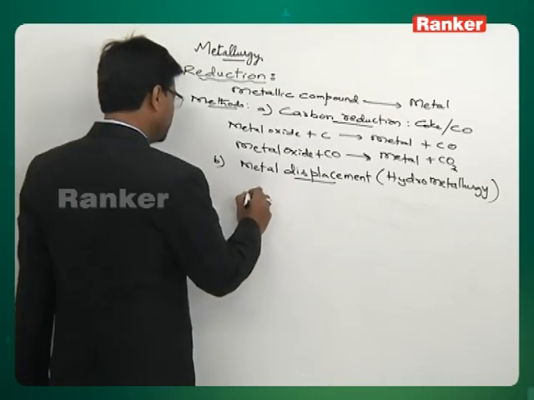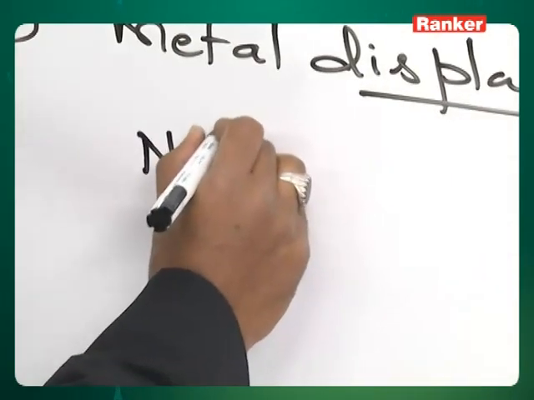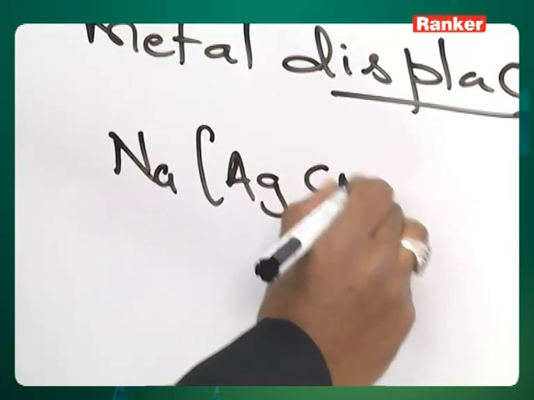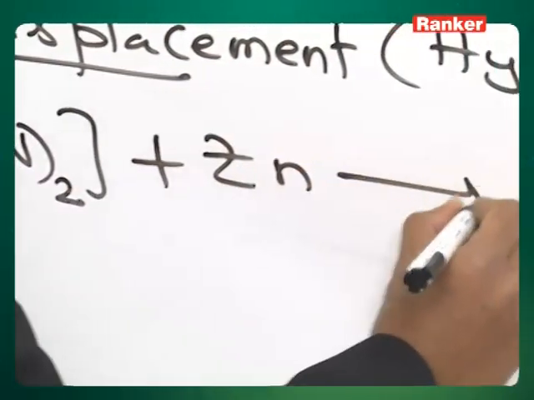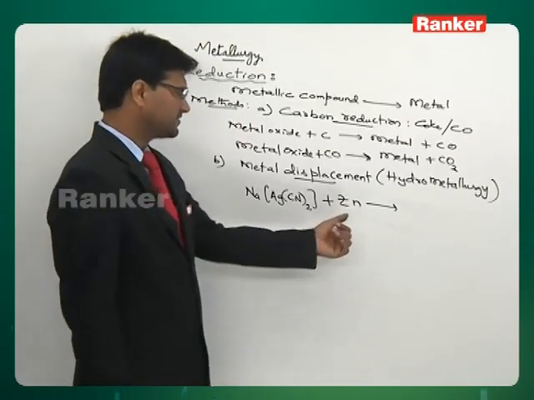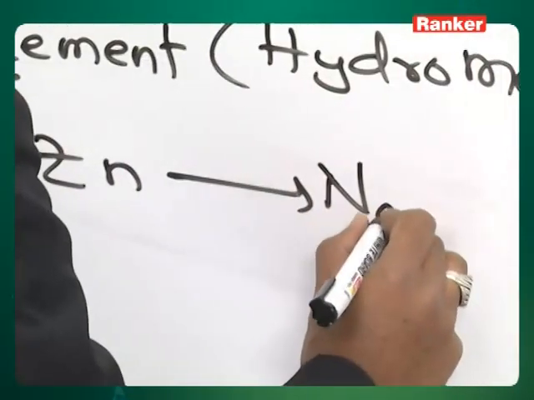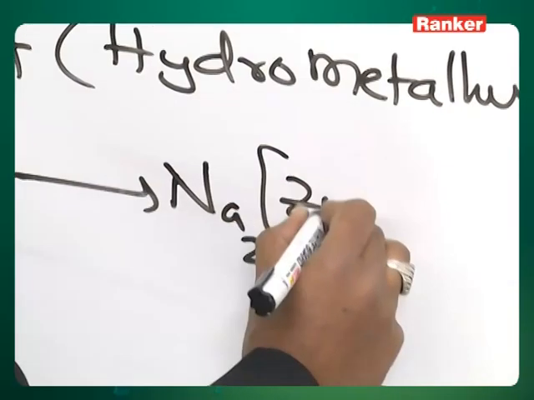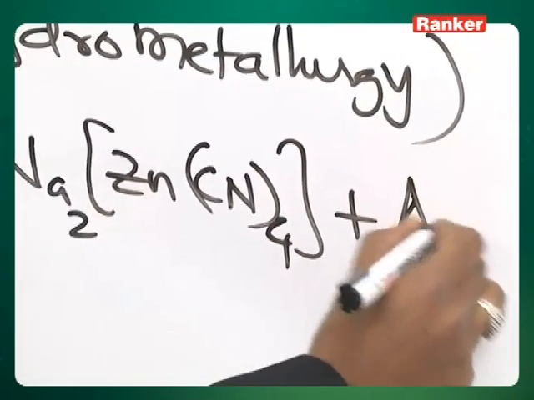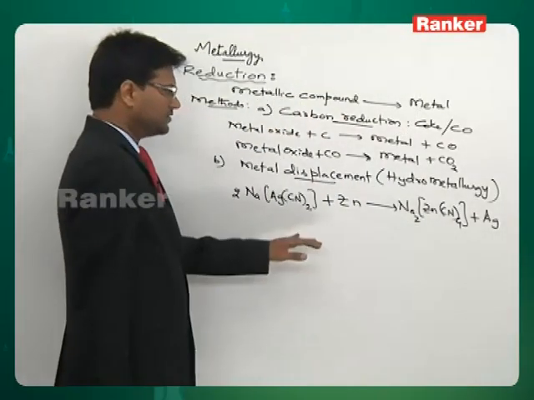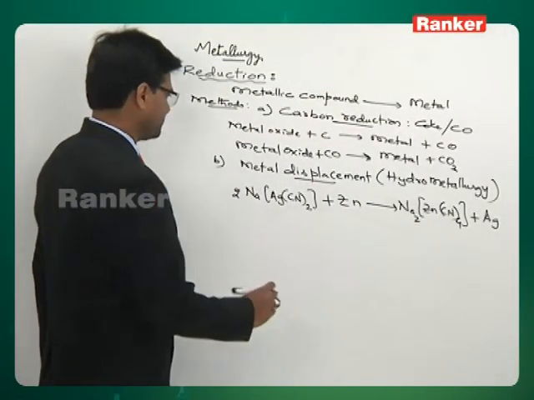So we have seen that Na[Ag(CN)2] when treated with zinc, here zinc acts as a reducing agent. You get a zinc complex, Na2[Zn(CN)4], plus Ag. So this comes under metal displacement.